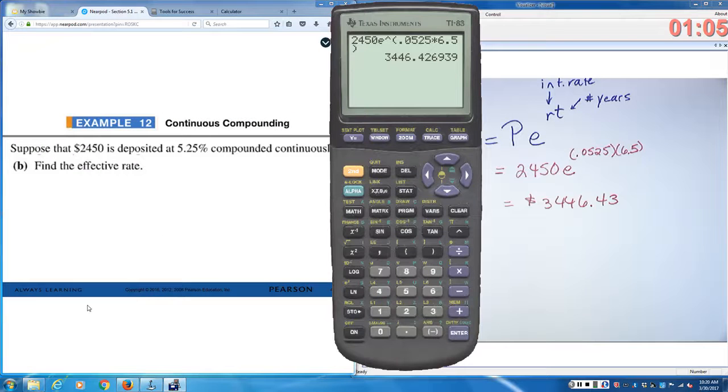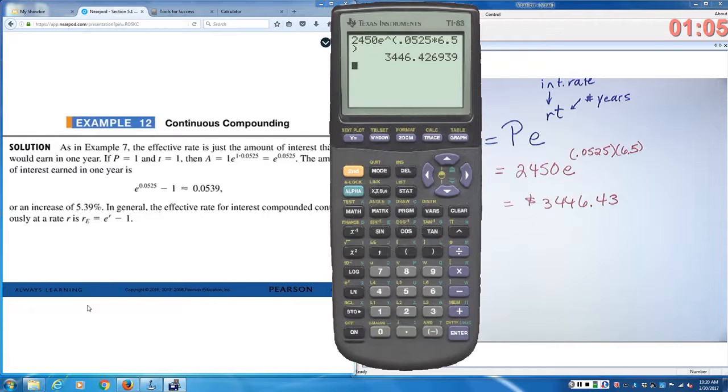And if we want to find the effective rate, all we do to find the effective rate is remember that that's going to be E raised to that interest rate power minus 1. You have a formula for effective rate. Okay, so the effective rate is E raised to the interest rate power minus 1.